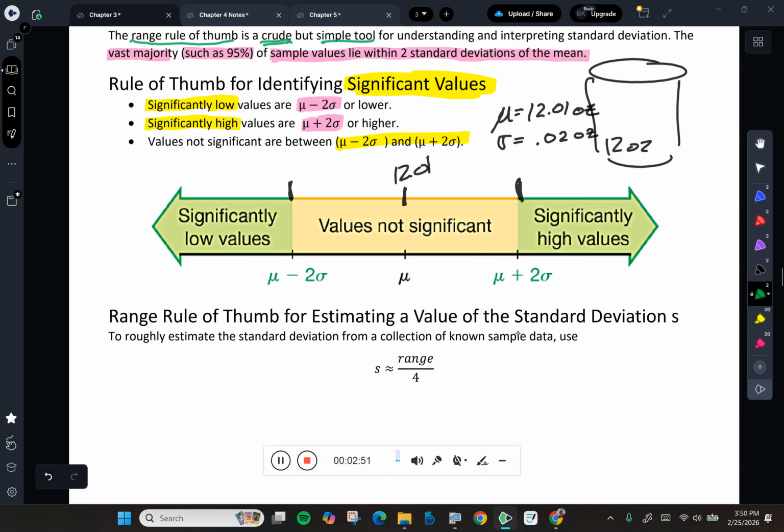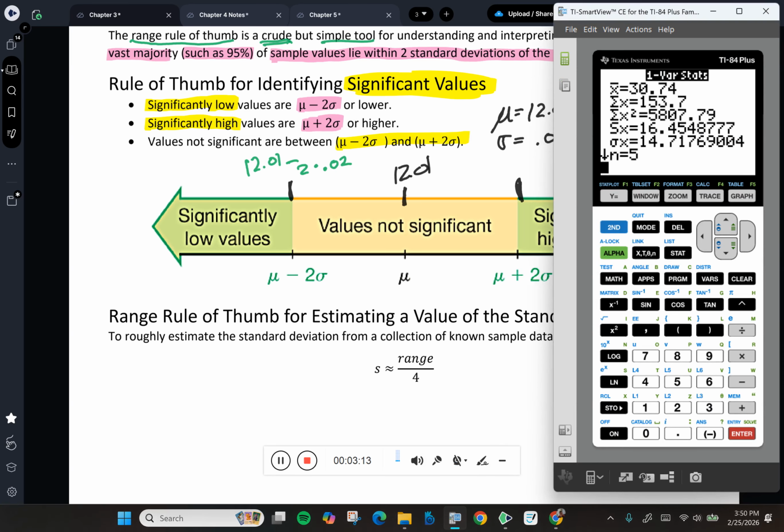Now, what is that lower limit over here that separates the significantly low from not significantly low? Well, it's going to be the mean minus 2 times the standard deviation. So I'm going to grab my calculator, and I'm going to say, well, the mean is 12.01, and I'm going to subtract off 2 times 0.02.